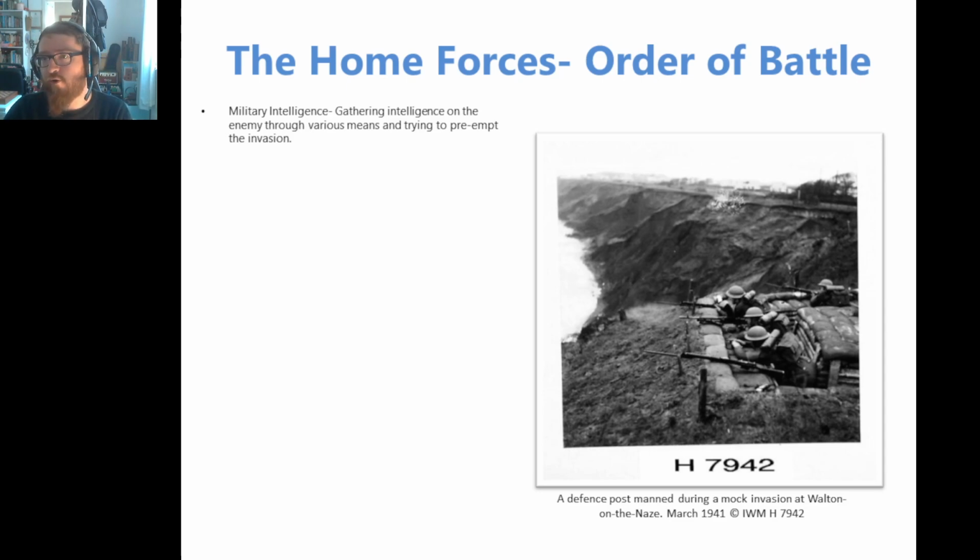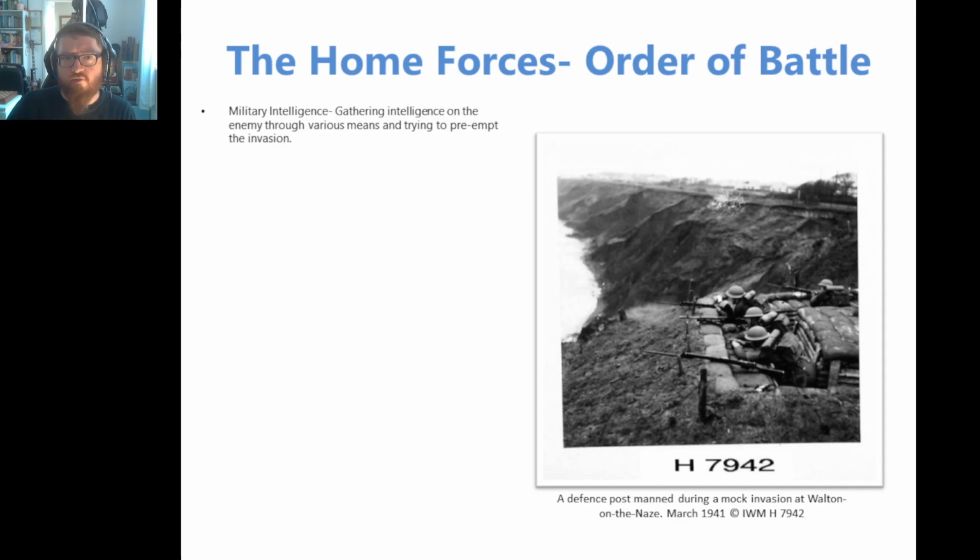So this was everything from aerial photographs taken of occupied Europe, interception of radio communications, information that came through the intelligence network, through spies potentially and witnesses that managed to escape from occupied Europe, for example, and also things like information published in foreign newspapers, for example.